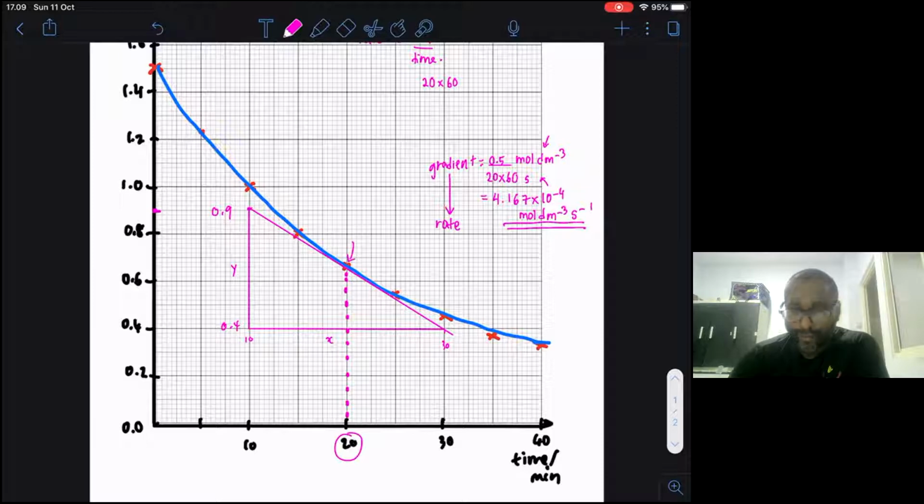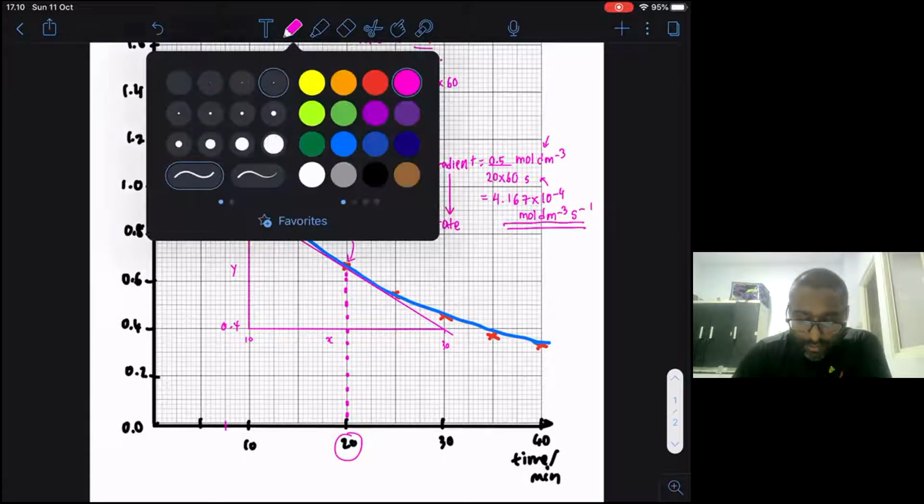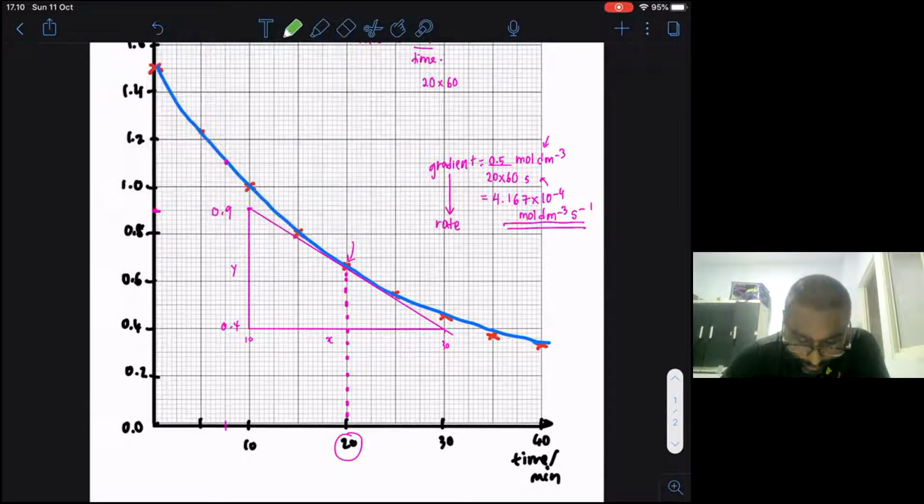The rate is going to be 4.167 times 10 to the negative 4. You can use this method to find the rate at any specific point in this graph. For example, if you want to find the rate for a point somewhere here, you just need to draw a tangent to that point.